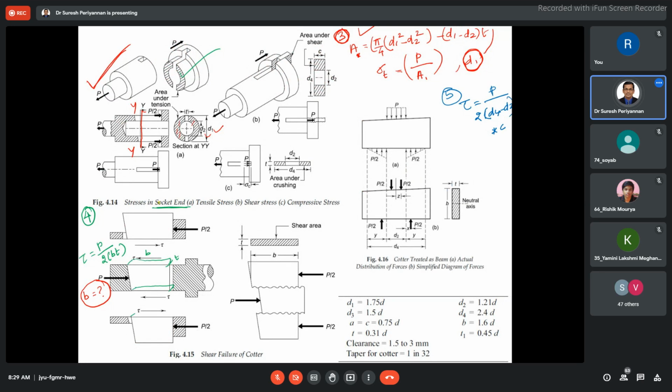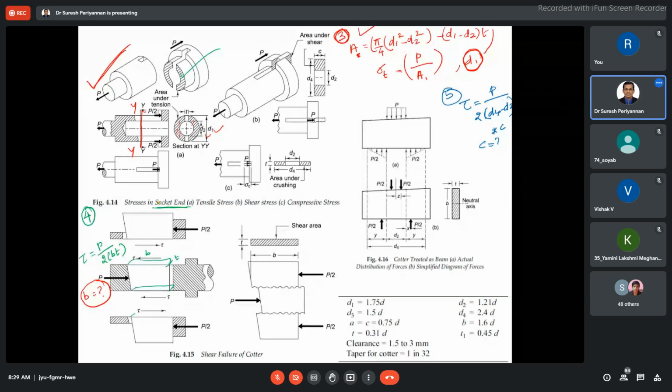From this relation, we are able to find out C. We have now almost completed shear: shear in the cotter, shear in the spigot, and shear in the socket.